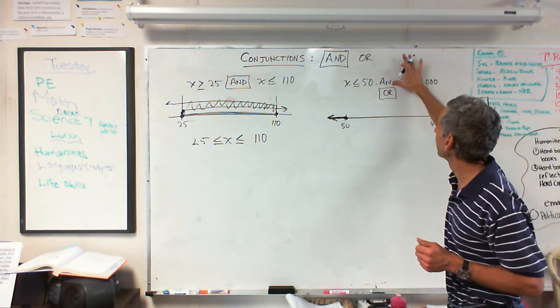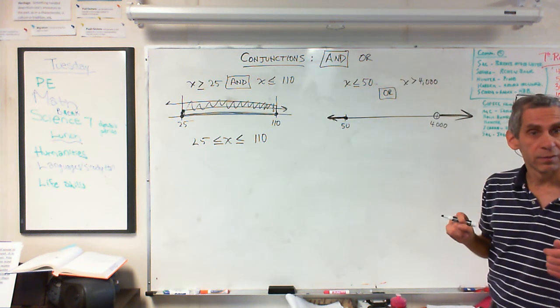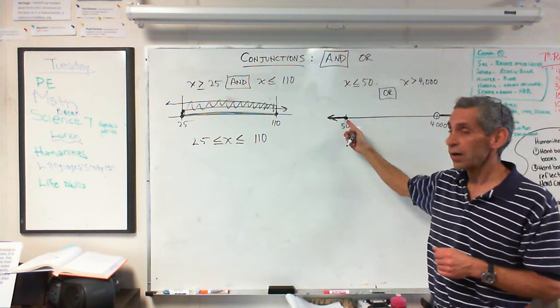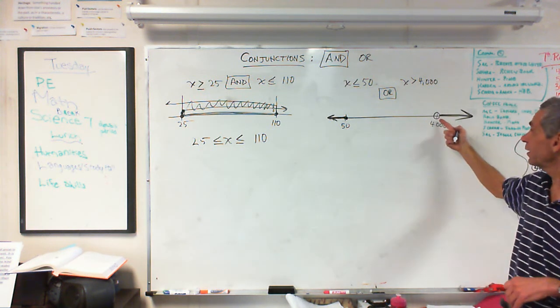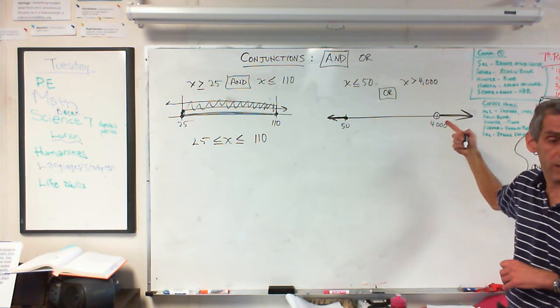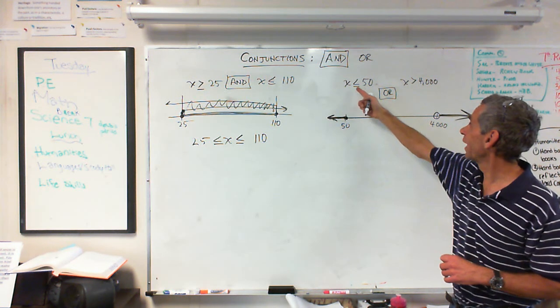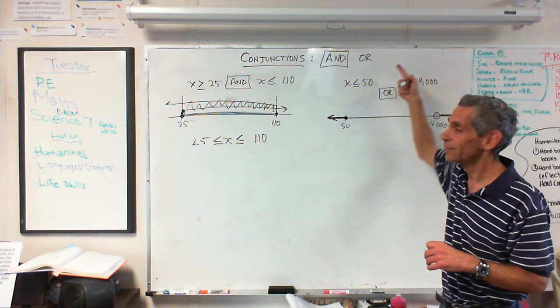If I get rid of the and change it to or, suddenly, what is my solution? It's either x is less than or equal to 50, or x is greater than 4,000. And your answer would be that. You'd actually rewrite that as your answer.